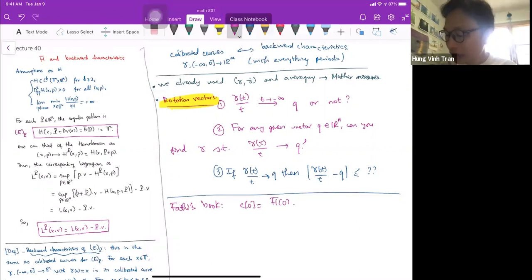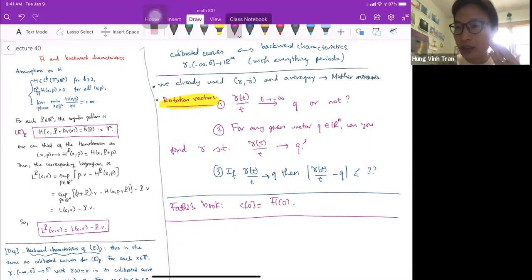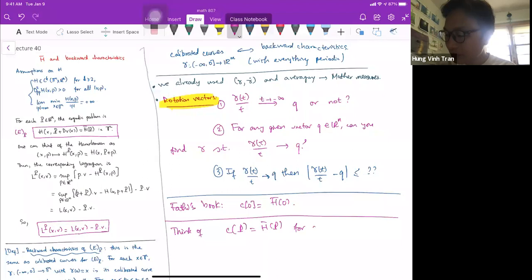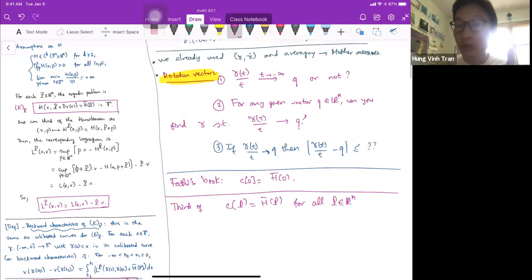So only on this. Of course, you can shift things around, and the point that we PDE people think is relevant, and surely the same as in weak KAM theory, is that we should try to think about all different variations of P. So we should think of C of big P, which is H bar of big P for all P. As I said, this is a very hard problem to understand.